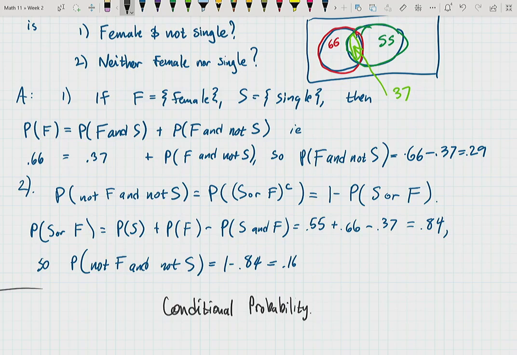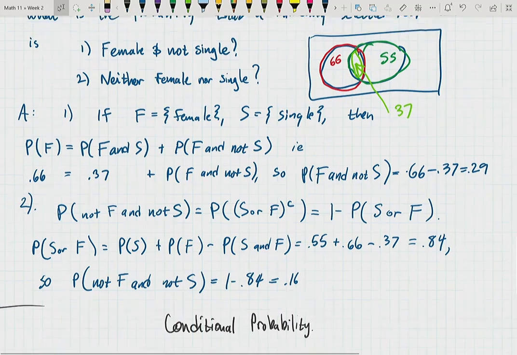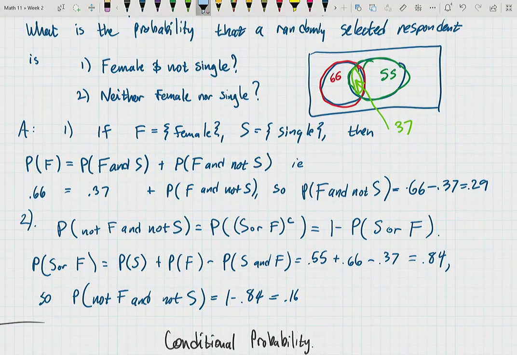So for example, let's shade in that region. Not female and not single, which is the same as single or female complement, is what region of the Venn diagram? Outside of both balls.